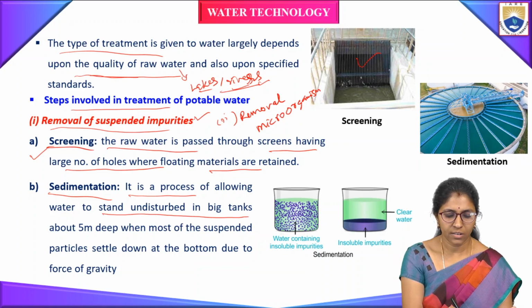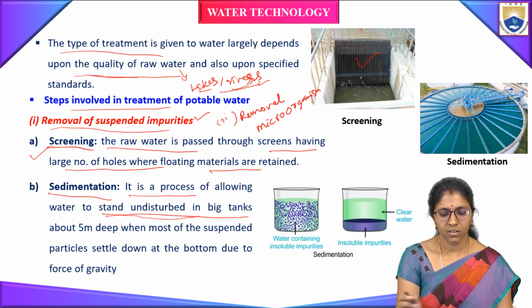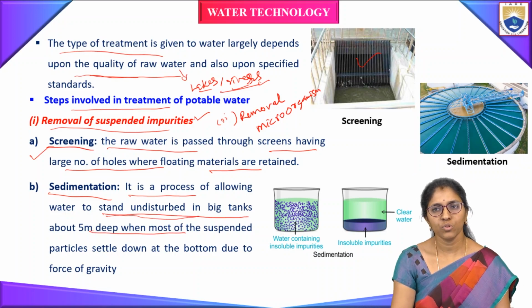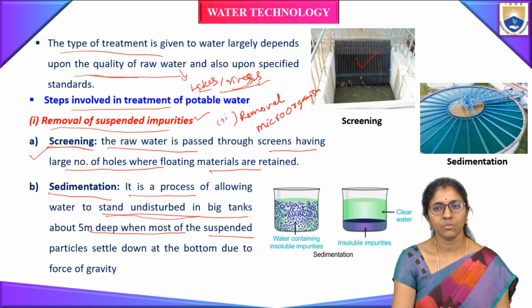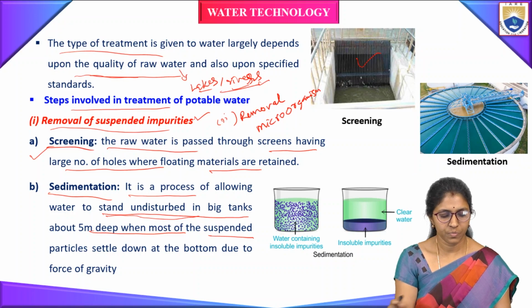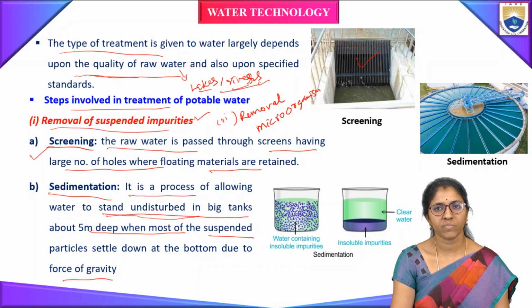So the water is kept undisturbed in big tanks about 5 meters deep, where most of the suspended particles settle down. The suspended impurities settle at the bottom due to the force of gravity.